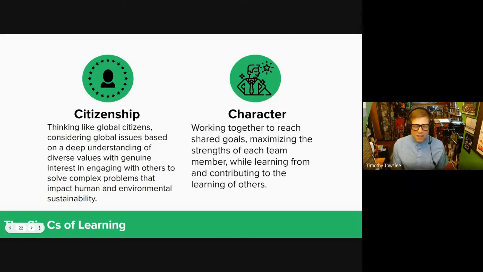And closely connected to that is our character. We want to work on character so that we can reach maybe shared goals, but they can also reach individual goals. Set individual goals, and then look at the strengths of the team members of the classroom, and then also build on that to be a better person.